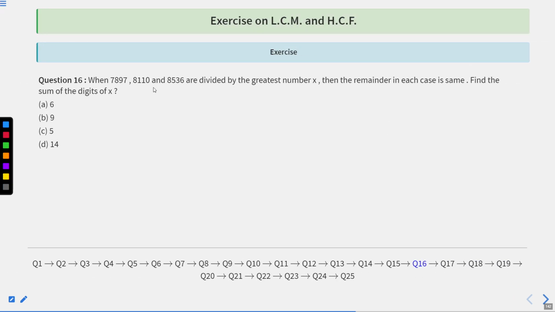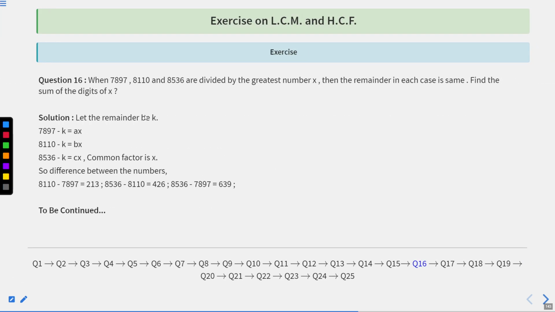Question number 16. When 7897, 8110 and 8536 are divided by the greatest number x, the remainder in each case is the same. Find the sum of digits of x. Solution: let the remainder be k. That means 7897 minus k equals ax, 8110 minus k equals bx, and 8536 minus k equals cx, where x is a common factor.